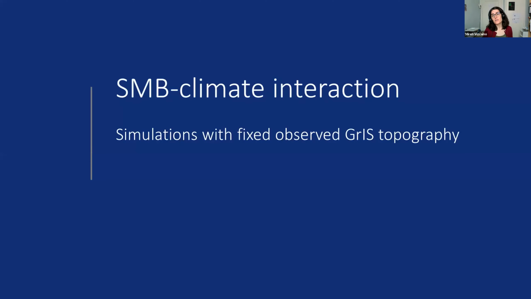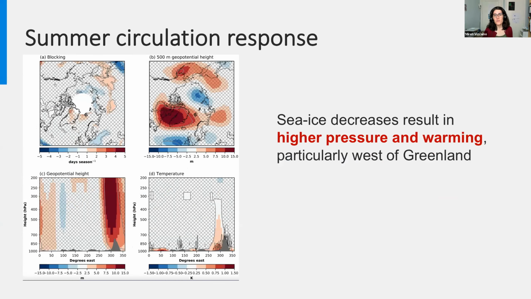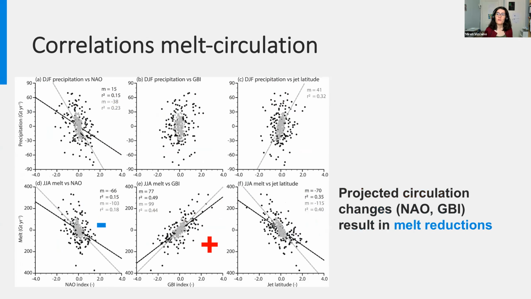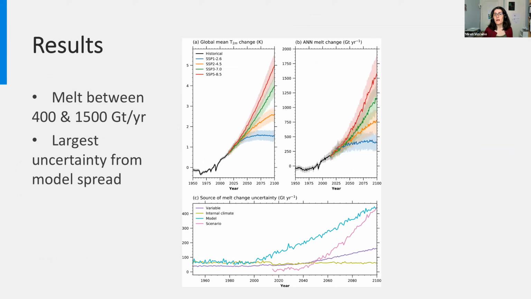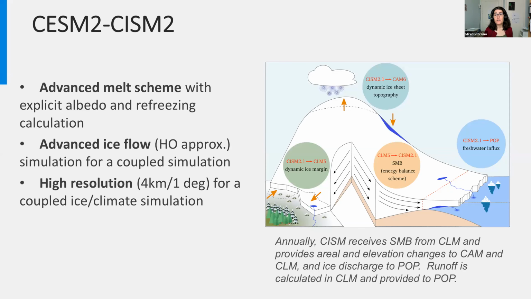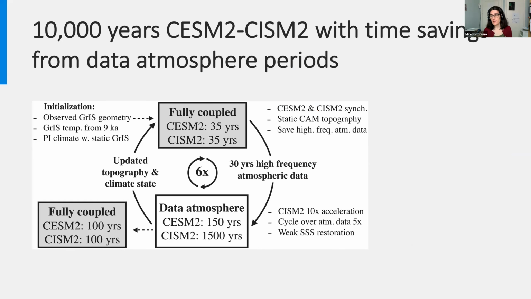Okay, so we're looking at the initialization. We initialize the model starting with present-day topography of Greenland. And we ran semi-coupled the climate and the ice sheet model for 10,000 years. But we were not always running the climate model for so long. 10,000 years is incredibly expensive.